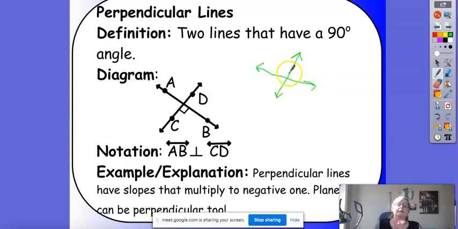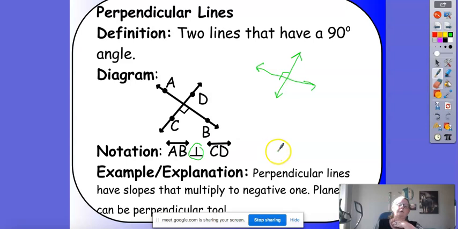Why? Because I didn't tell you that they were perpendicular. That's how I tell you they're perpendicular. Because what if it's not 90 degrees, it's 89 degrees? So you've got to be really careful. I always say, don't go by your eyes. Go by what I tell you. So I know those are perpendicular. That means they intersect, and I tell you that they form a right angle and they're 90 degrees. This is the symbol for perpendicular. Okay.